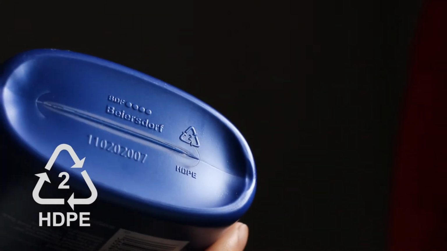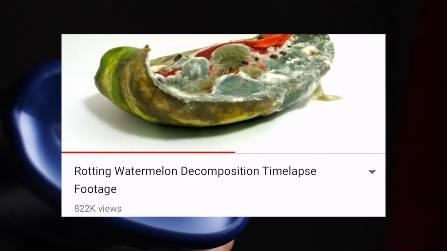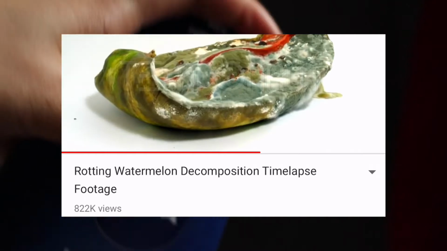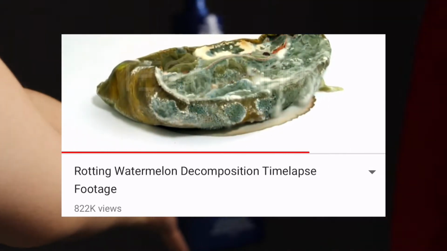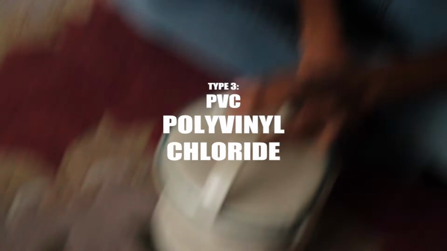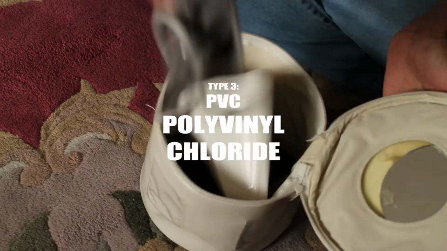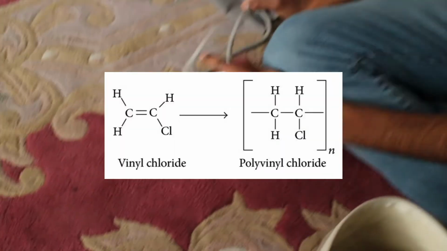Type 2 is non-biodegradable, taking centuries to decompose and break down, so it is crucial that this type can be reused, recycled in some way. Type 3, PVC, polyvinyl chloride, one of the more softer and flexible plastics. It is naturally white and brittle.